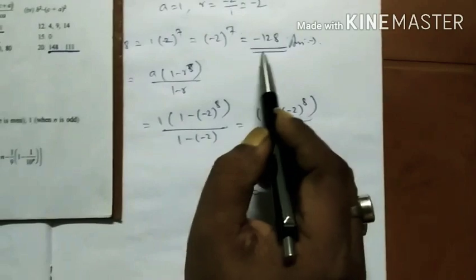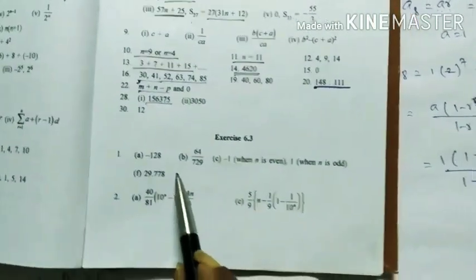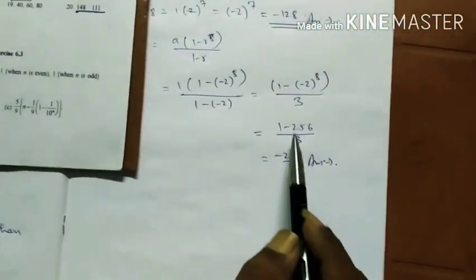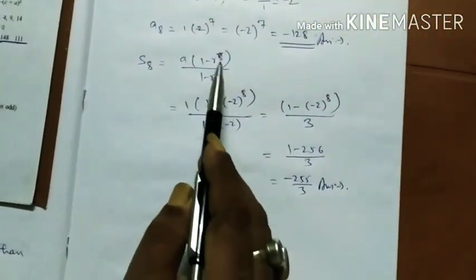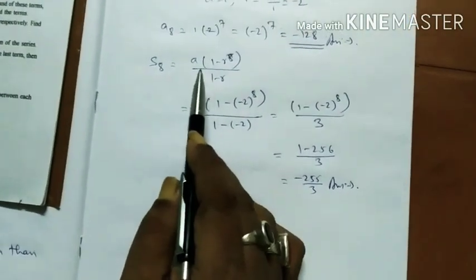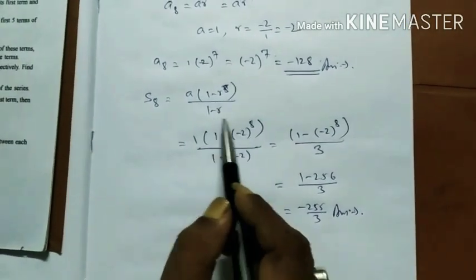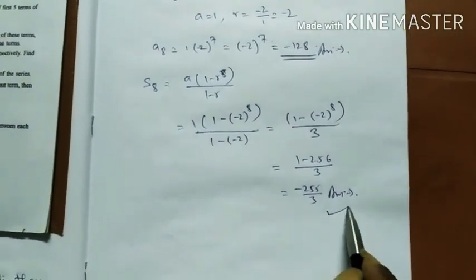So minus 2 to the power of 7 is minus 128. But the sum is not given in your answer, and if I solve it, the sum comes out to be this, because the sum formula is a times 1 minus r to the power of n over 1 minus r.